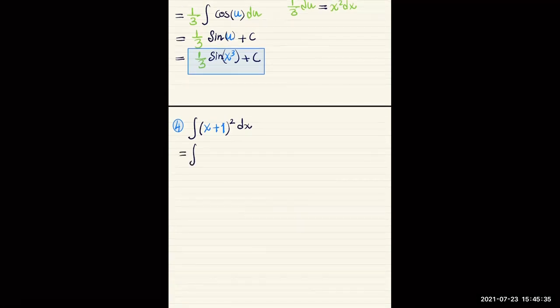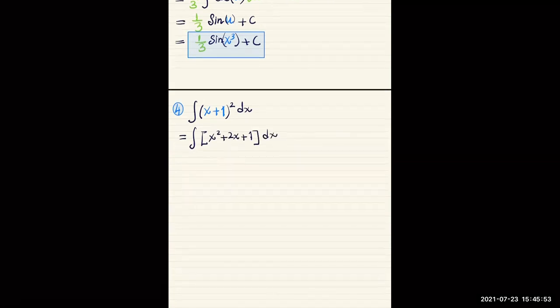This is equal to, so this is the direct method. It's the antiderivative of x squared plus 2x plus 1. And then integrate term by term.